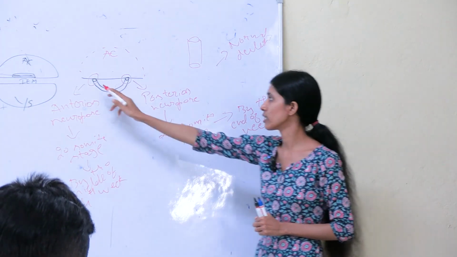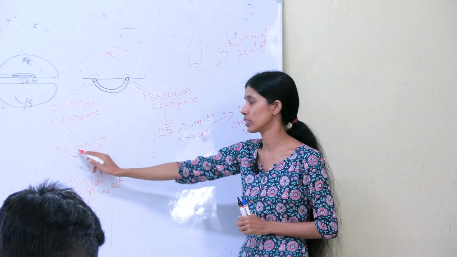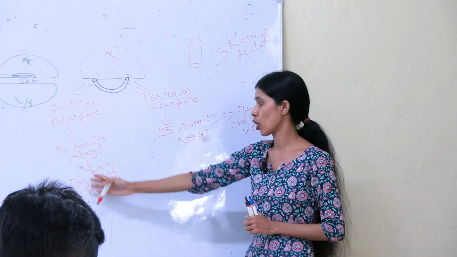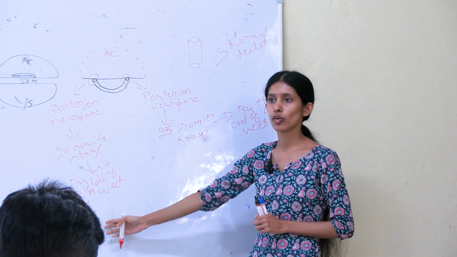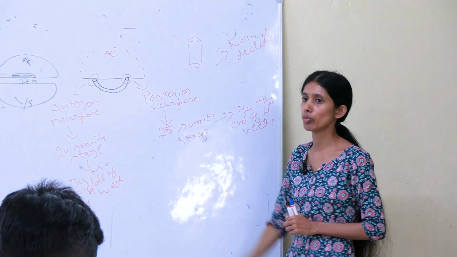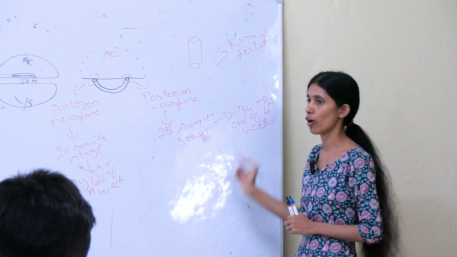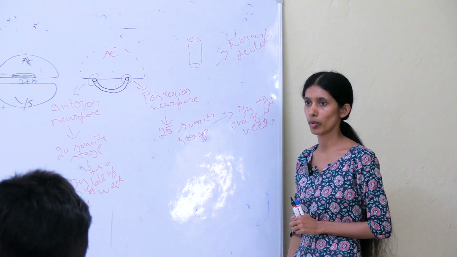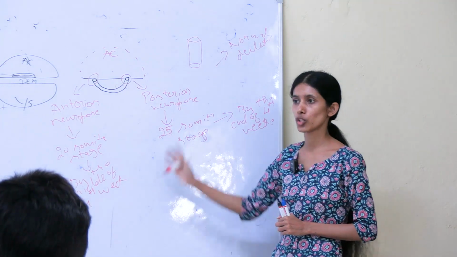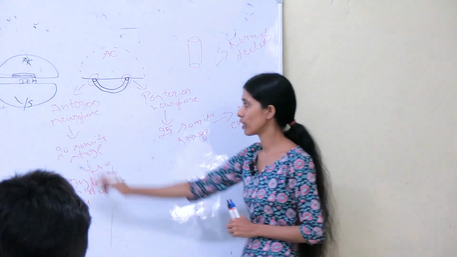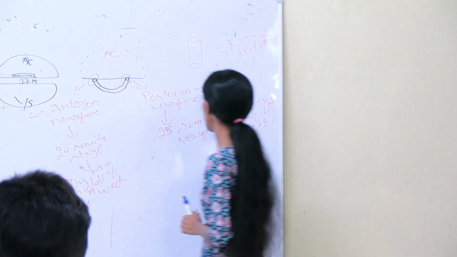Your anterior neuropore will get closed by the 20th somite stage, almost by the middle of the 4th week, and your posterior neuropore by the 25th somite stage, by the end of the 4th week. But if this closure does not happen, it will lead to a few clinical conditions.